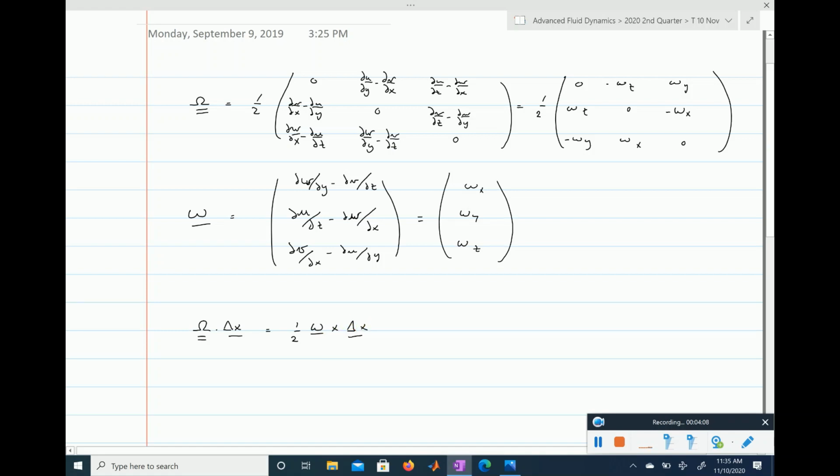And you know that any field that you can write as a constant vector cross the position vector represents a rotation, right? So this here clearly represents a rotation where the rotation vector is 1/2 omega.